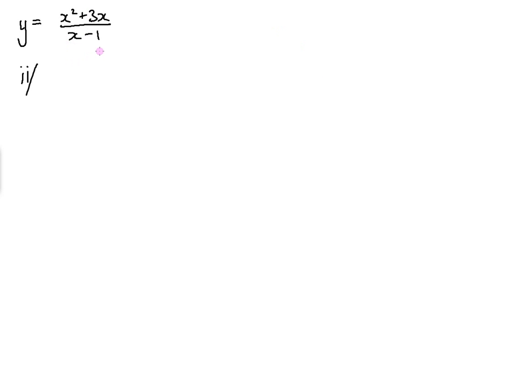So the first one's pretty straightforward. We know that this whole thing is undefined when the bottom line is equal to 0. So we say x take 1 equals 0, which means that x equals 1 is an asymptote. And if we wanted to be precise about it, we could even say that this is a vertical asymptote.